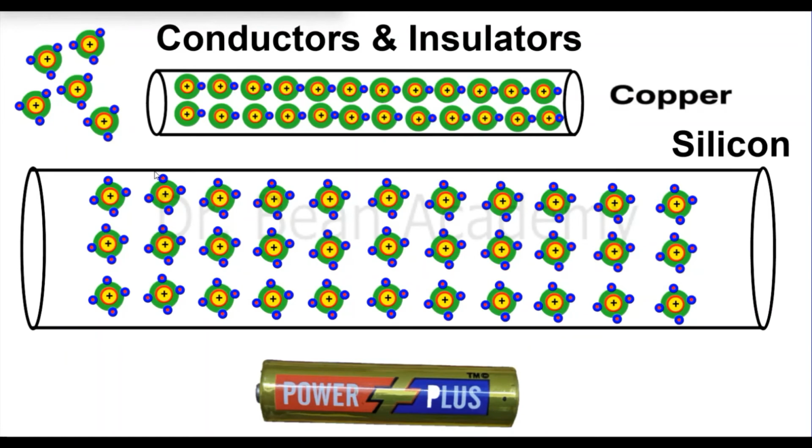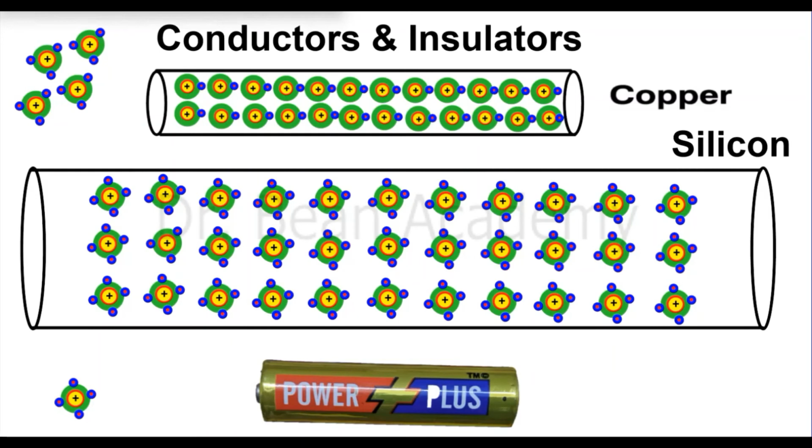And now I want to do the same process I did for a pentavalent atom, the phosphorus. So now I will replace some silicon atoms with boron atoms.